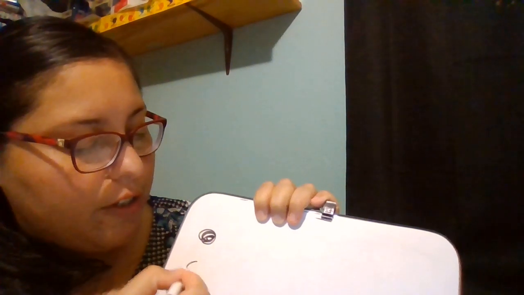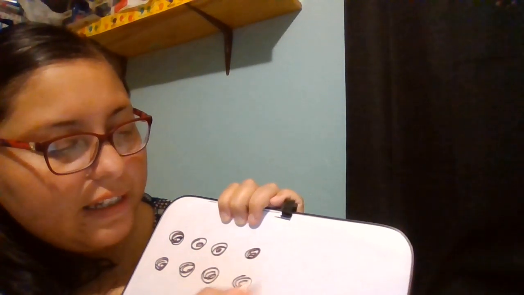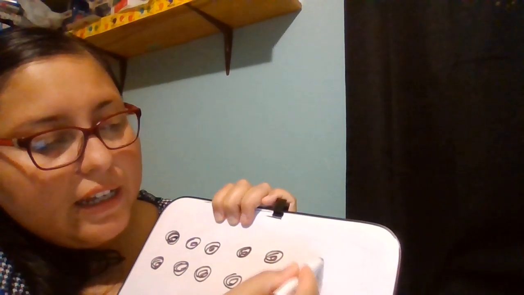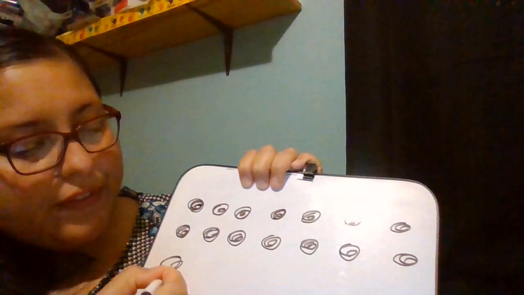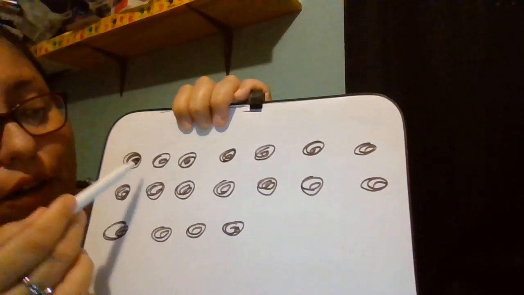18 divided by 6. So I have 1, 2, 3, 4, 5, 6. Circle. And then you're going to count 1, 2, 3, 4, 5, 6. Circle. So you're going to be circling all those. Let's say I have here 1, 2, 3, up to 18.